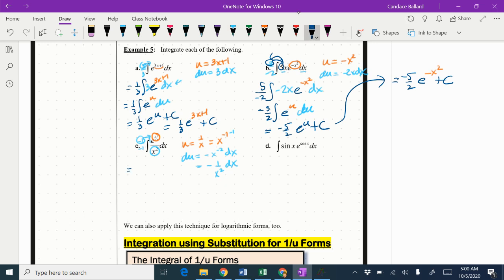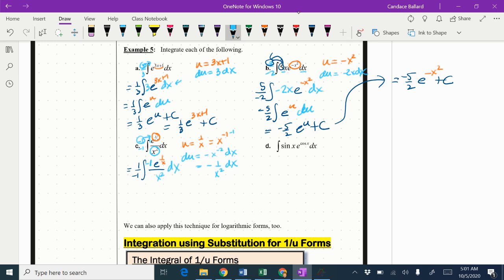So we've got 1 over negative 1, the integral of e to the 1 over x, times 1 over x squared, and I need to shove the negative 1 inside, and then the dx.